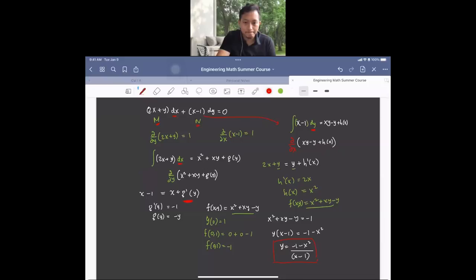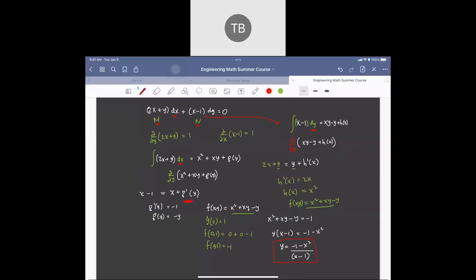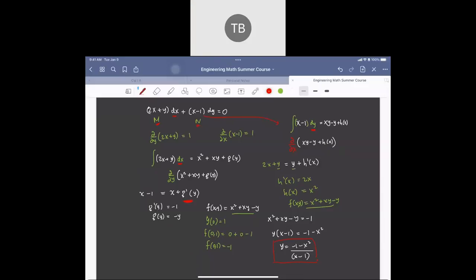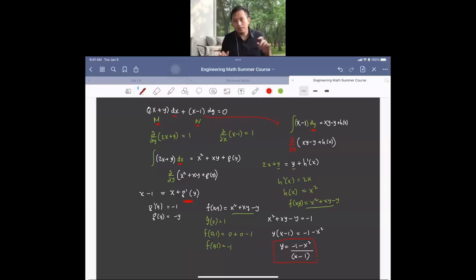Okay. Any questions? Professor, after you partial derivative with respect to y, and you equal it to another one, right? Yes. Okay. Thank you. Basically, that's the way.